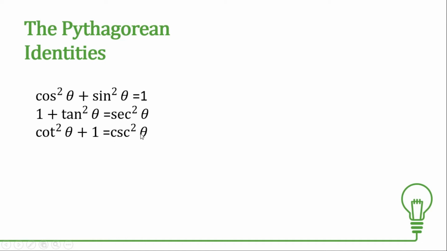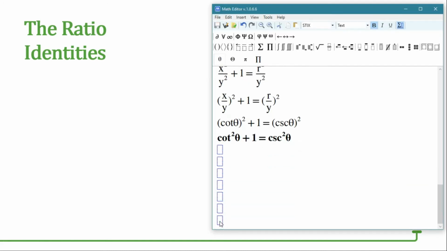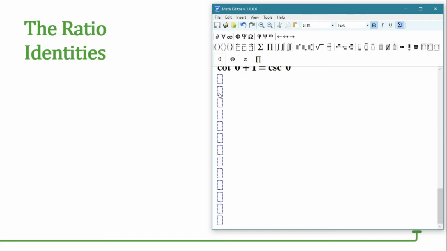And the last group of the 8 fundamental identities is what we call the ratio identities. In this group, what we're going to do is consider the ratio of sine theta and cosine theta.